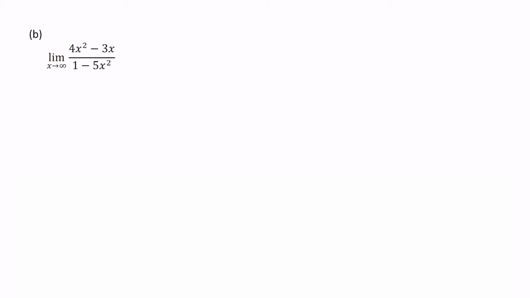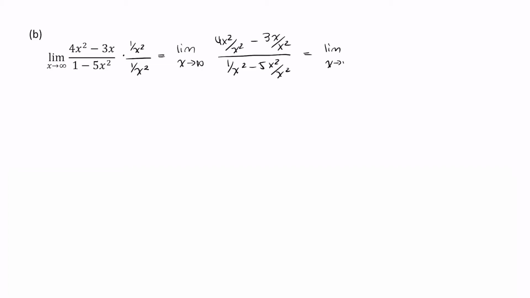For this one, we want to divide by x squared on both the numerator and the denominator. After dividing, we end up with 4 minus 3 over x in our numerator.